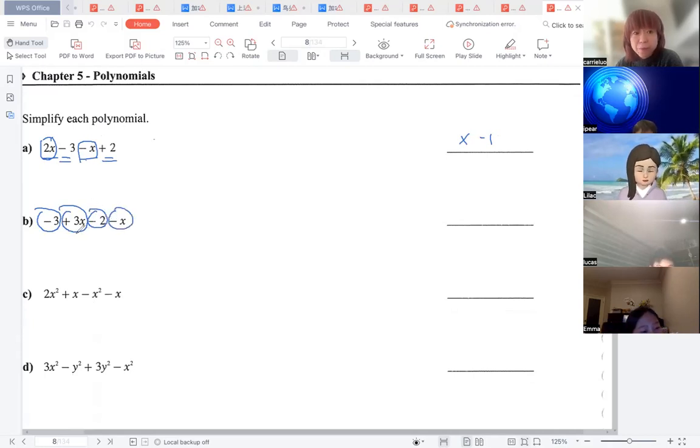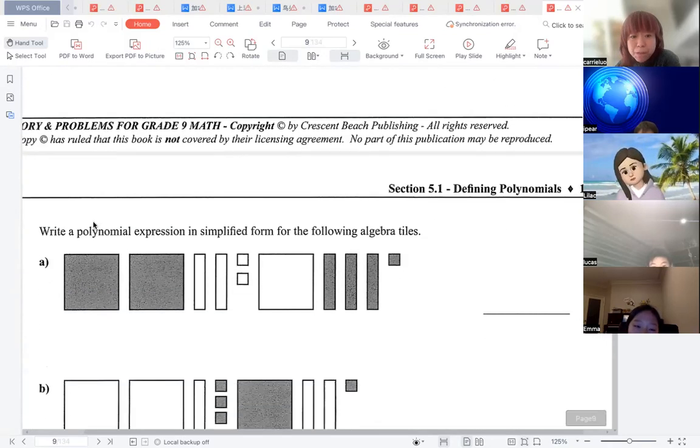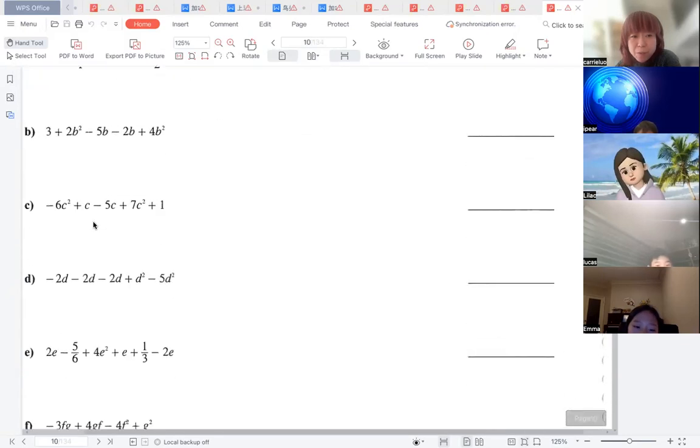Okay, Lucas, you have positive 3x minus x equals 2x, and negative 3 minus 2 equals negative 5. Get it, everybody? So this is the best way to avoid making any mistakes. It's just to circle every term and combine the same term together. We're not going to spend any more time on that.